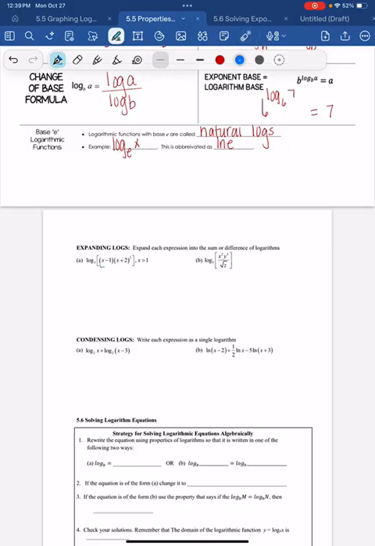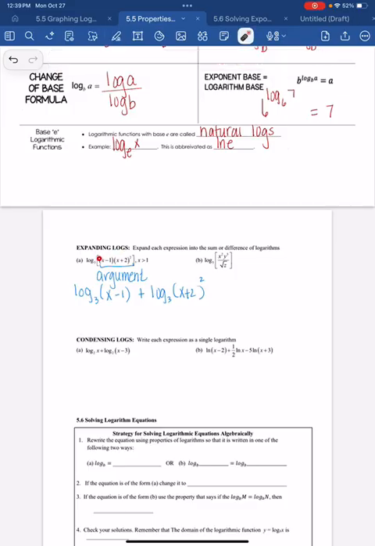Okay, so right here, this is my argument. So I'm going to separate x minus 1 times x plus 2 squared. I'm going to separate that into the log base 3 of x minus 1 plus the log base 3 of x plus 2 squared.